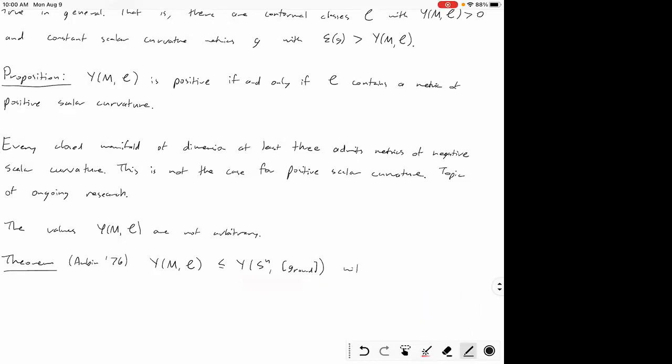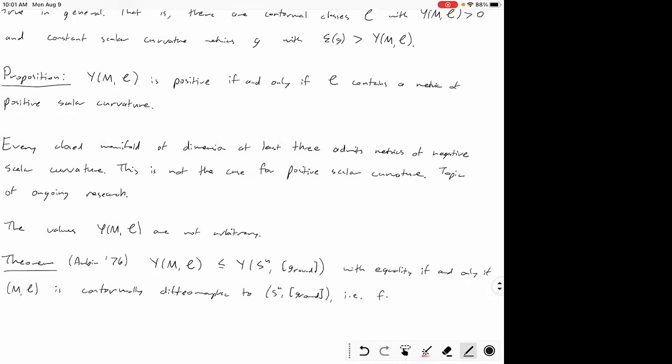Okay. Moreover, he characterized equality if and only if this manifold together with its conformal class is conformally diffeomorphic to the sphere with the conformal class of its round metric. So what does this mean?